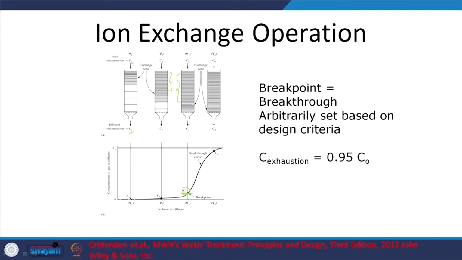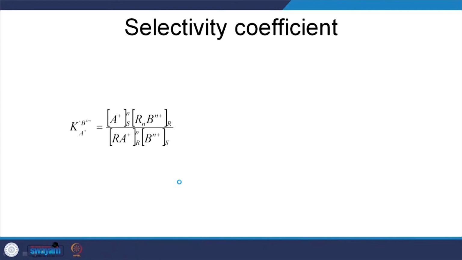The exchange zone has reached my outlet, so the concentration of the relevant compound in the outlet is going to be higher. If it is higher than the standard of interest to me, then I call that the breakthrough. The shape and such we looked at earlier, so let's not go into that.